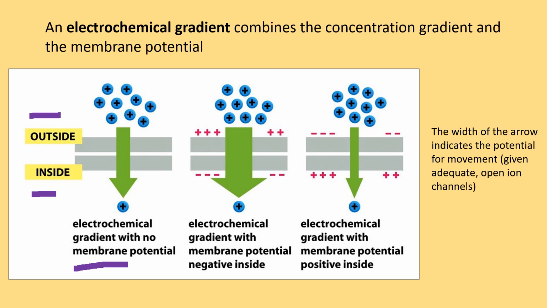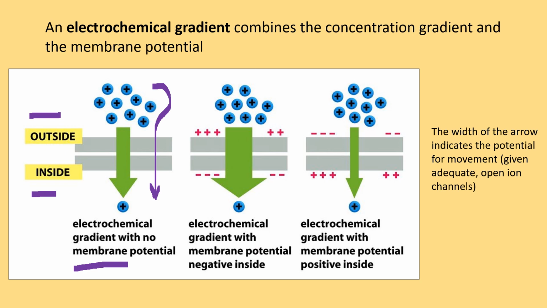So we're not thinking about charges. There is no charge distribution across the membrane. There's no buildup of positive on one side and negative on the other side. This is just a pure concentration gradient, as we were just starting to talk about with diffusion. You know that substances tend to diffuse from an area of high concentration to an area of low concentration. So a chemical gradient is going to favor the movement of these blue dots in the shown direction.